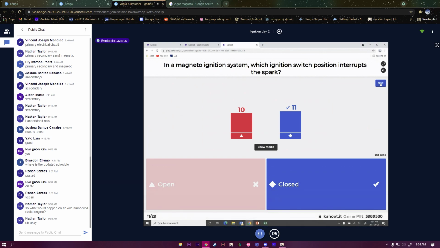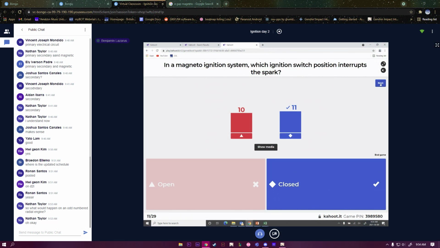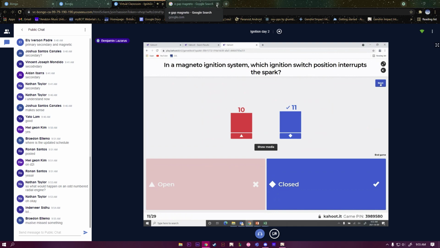And half the class got it wrong. Don't know what to say. I think I actually said it's a test question. So people still missed it, like half the class. So let's go back, take a look at the diagram. Must have missed something. Let's take a look here.